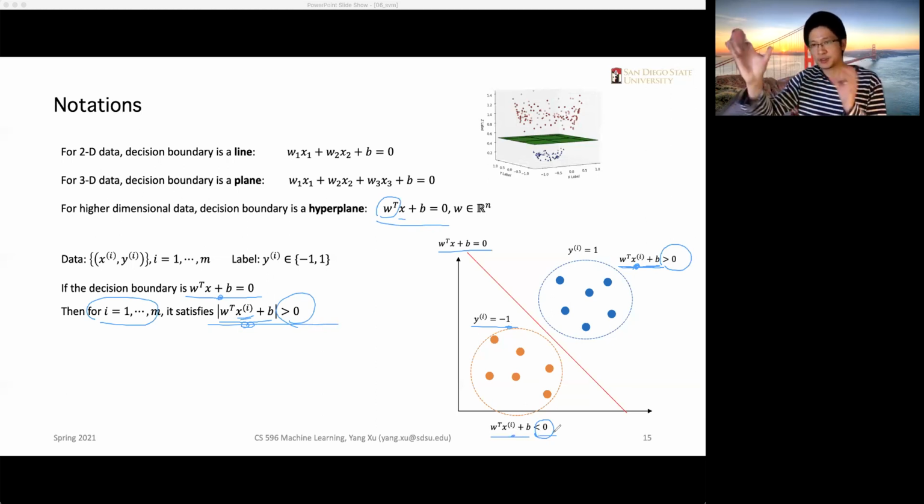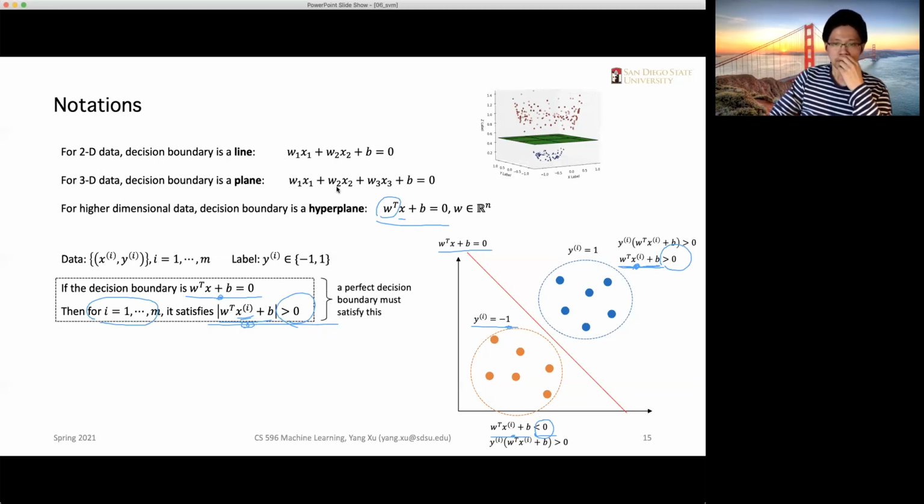That is the distinction between the two classes. That also means we can write the equation like this: y times the linear expression is greater than 0, and on this side, yi times the linear expression should also be greater than 0, because that is exactly the condition here.